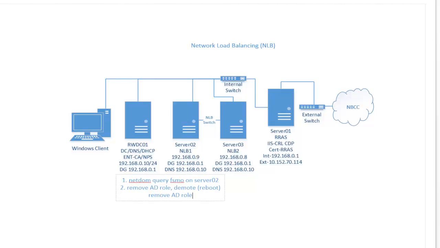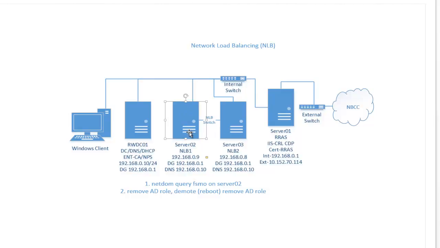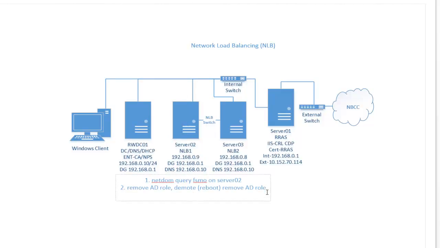You'll have to remove it at that time. So netdom query FSMO, find out what's on here for the flexible single master operators and move them off to RWDC01, and then DC promo this down, remove Active Directory, and remove DNS as well.